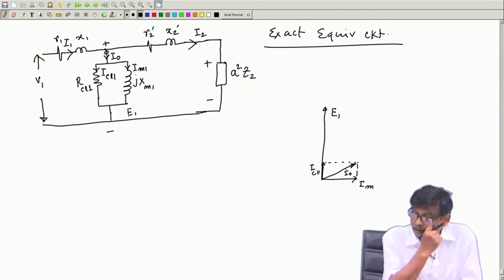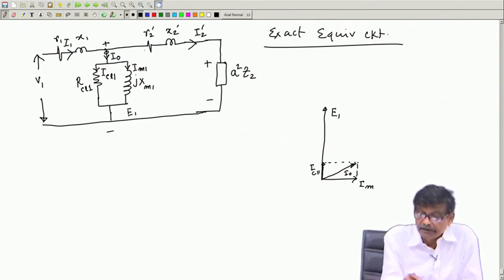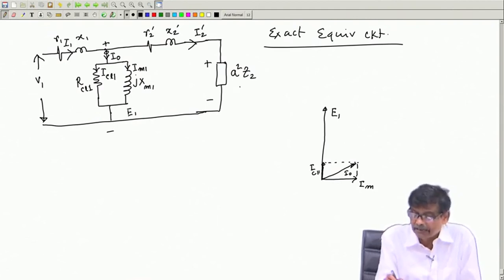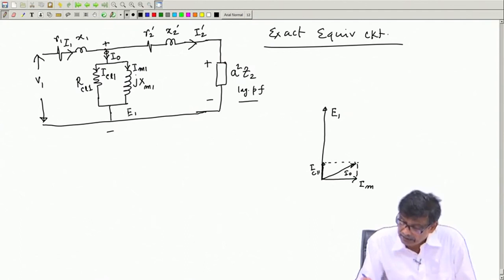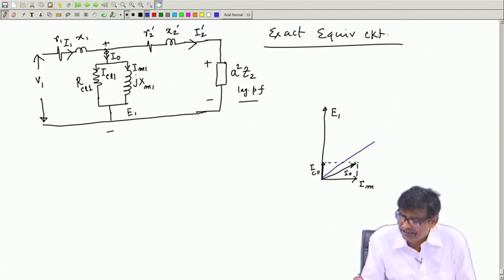Then E 1 divided by this whole impedance will give you the current I 2 dashed. Suppose this is a lagging power factor, let us assume. So, I 2 dashed will be somewhere here. I will just give you the idea, so suppose this is I 2 dashed.